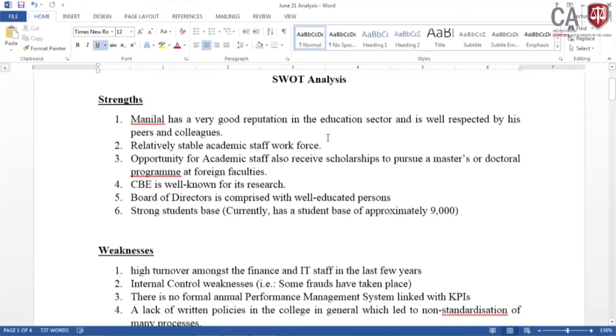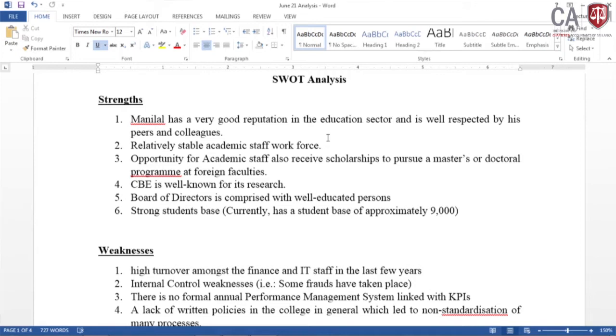Number 3, opportunity for academic staff to also receive scholarships to pursue a master's or doctoral program at foreign faculties. That's a strength actually, because people are happy, no? They stay with the organization.